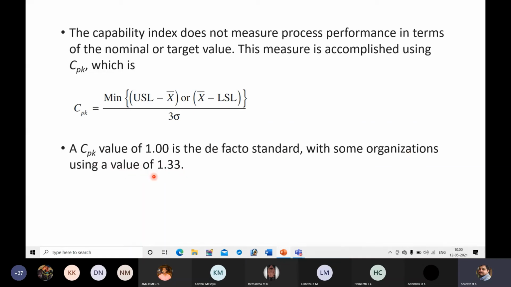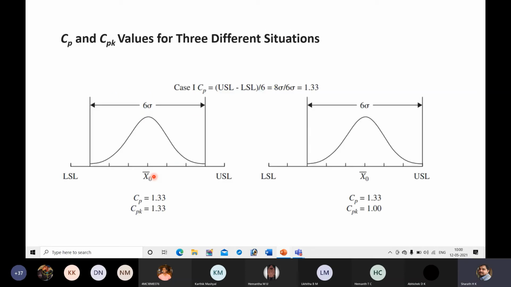For the capability index, the default value is 1.33, but some organizations will fix it to 2. For Cpk, the process performance measuring index, the default value is 1. Some organizations will fix it to 1.33.